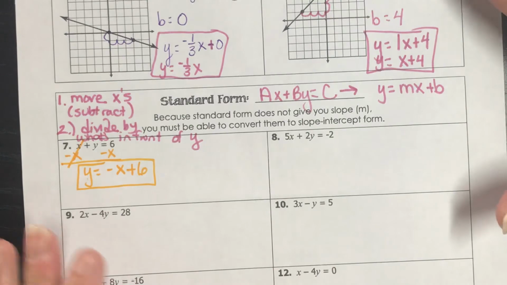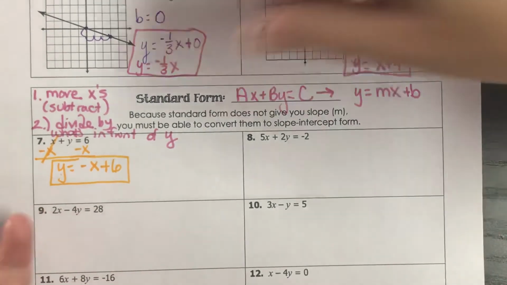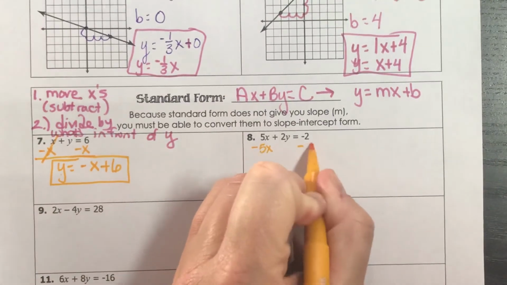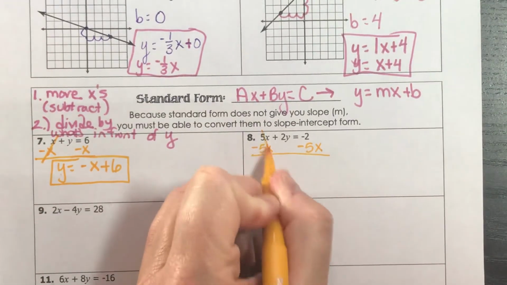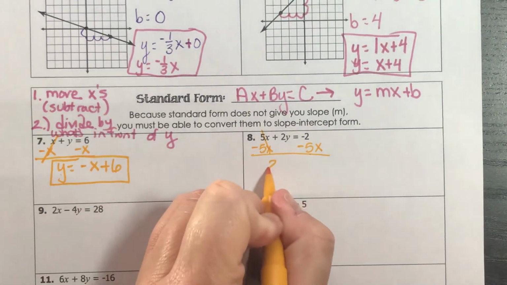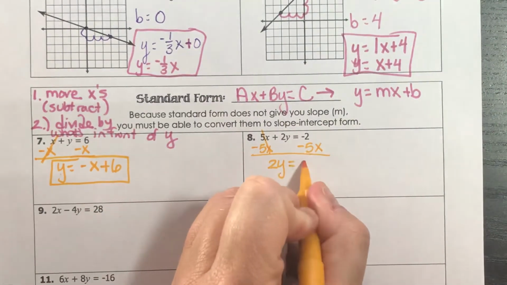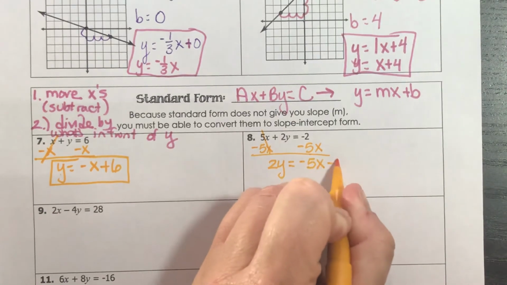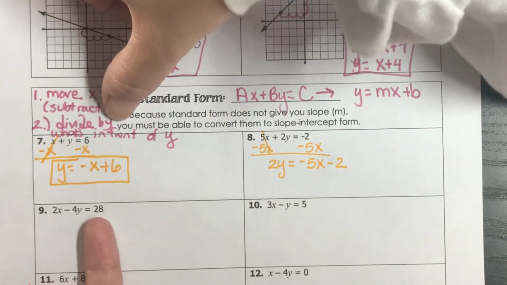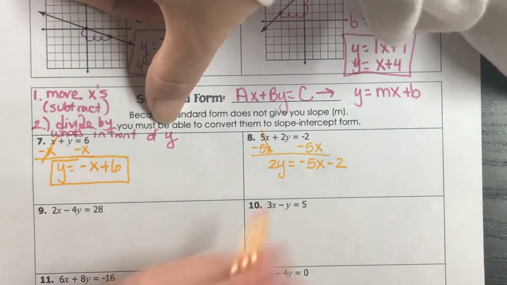Let me show you number 8. That will be a better example. So step 1, move your x's. Subtract your 5x. Now, you're not actually subtracting. Like, we're not going to do negative 2 minus 5 because they're not like terms. Bring down the 2y equals, you write this as negative 5x minus 2. So we moved our x's. Now you're going to divide every single term by whatever is in front of y.